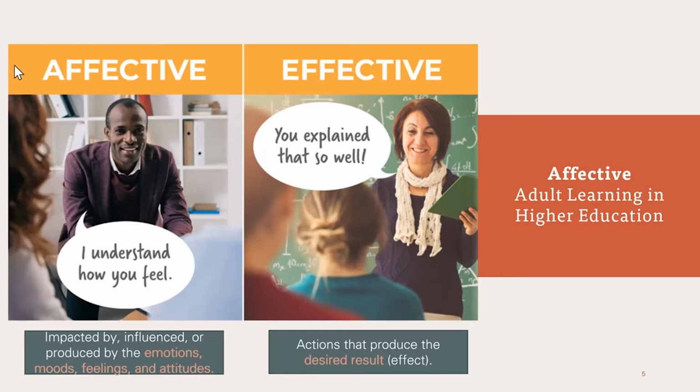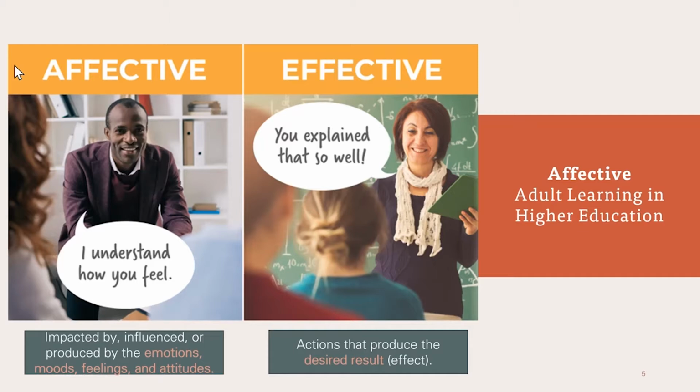So our focus is what I consider to be this emerging pedagogical approach of affective learning and teaching in adult education. When we talk about affective, we're talking about something being impacted or influenced such that you produce emotions, moods, feelings, and attitudes.